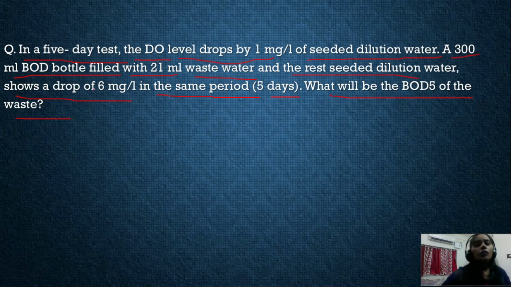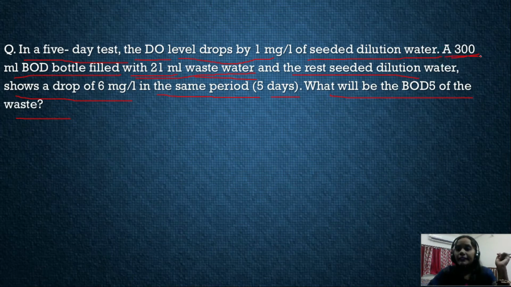Okay, now look, students. Here, what are the data? First, you have to check what data are given, right? So, look here, a 300 ml BOD bottle. That means this is the total volume. 300 ml is your total volume, right? Filled with 21 ml of wastewater. That means 21 ml is your volume of wastewater.